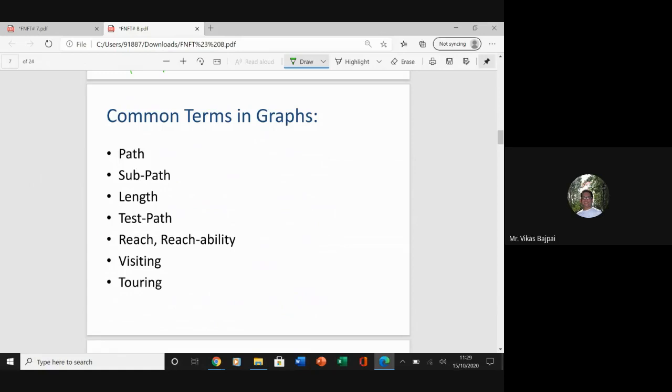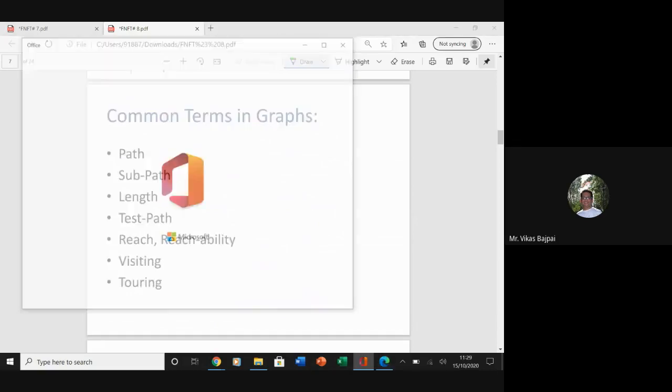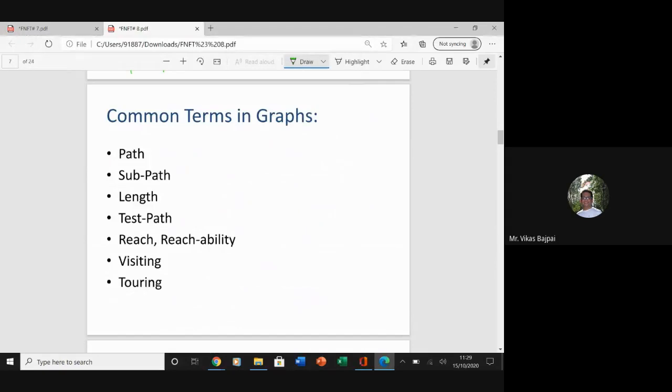If we talk about graph theory, a tree is nothing but an undirected graph in which any two vertices are connected by exactly one path.